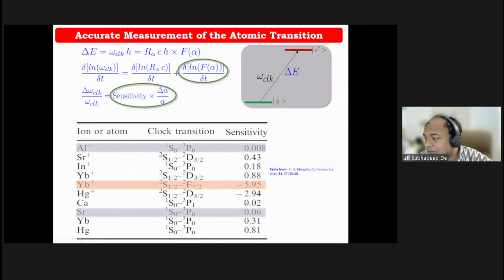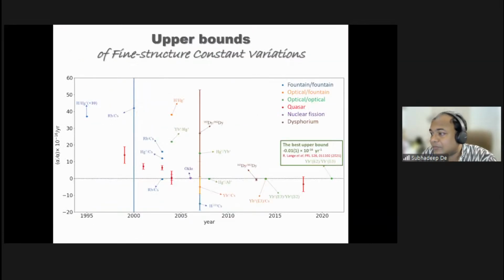And if I just simplify that plot, so basically I am only considering a few singly charged ions and a few neutral atoms which have been used as clocks in different parts of the world, then the clock transition of the ytterbium ion has the highest sensitivity among all the other optical clocks. So the ytterbium ion is a very good candidate if somebody wants to measure the alpha variations using it. That's what I wanted to basically tell you.